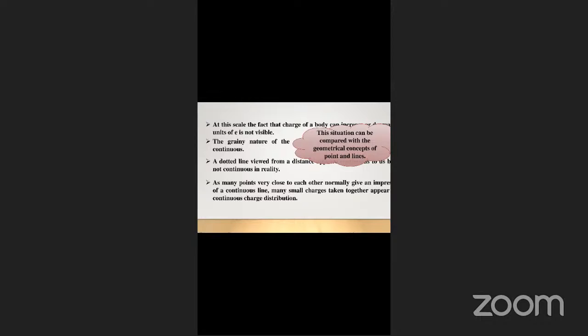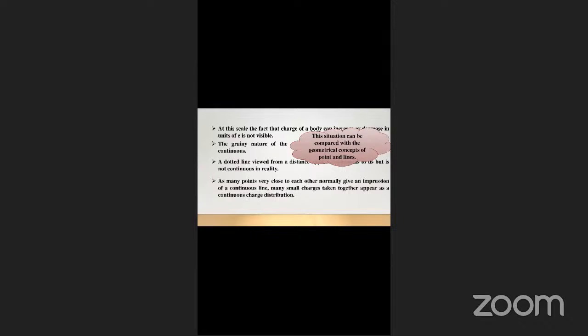Already you can observe that a microscope or telescope deals with milli and micro values. The same you can observe here. A line viewed from a distance appears continuous, but is not continuous in reality.